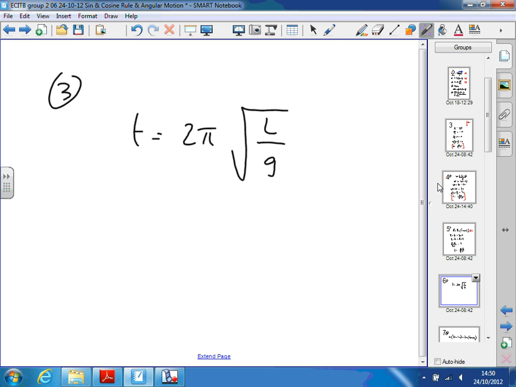It turns out it's got nothing to do with the mass of the pendulum, only the length. You divide the length by the acceleration due to gravity, square root it, and then multiply it by 2 pi, and you get the time for one swing of a pendulum. So there's a useful formula. But what if we want to rearrange it to get the length of the pendulum, for L?